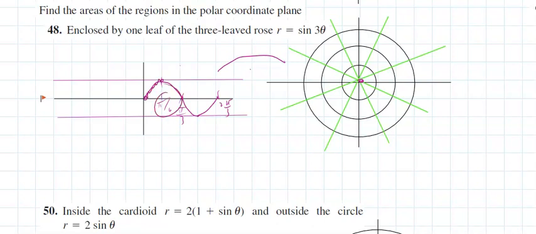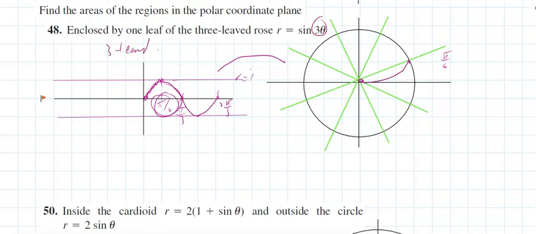So it increases. By the time I reach pi over 6, there's pi over 6, I am at r equals 1. Pretty much I'm done. This is a 3-leaf graph, so the leaves are 2 pi over 3 apart. 2 pi over 3 over 6, that's 4 pi over 6.